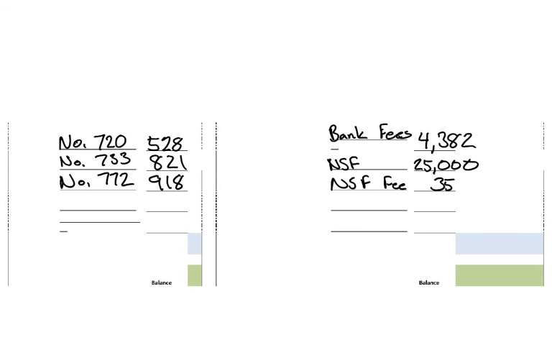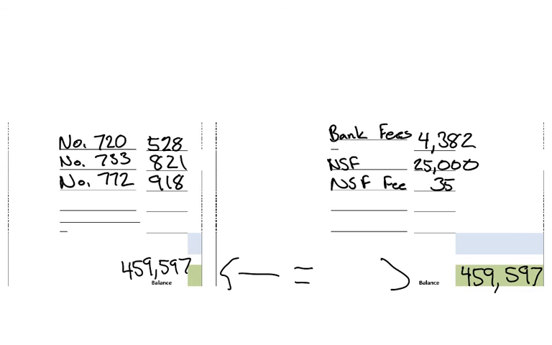So with that, we need to add that deposit, and you should come up with a total for the bank of $459,597. And then you should come up with the total for the book of $459,597, showing that both sections are equal and we have a reconciled book. Hooray.